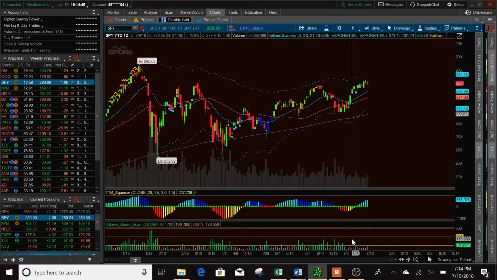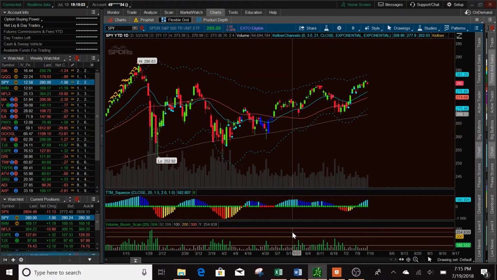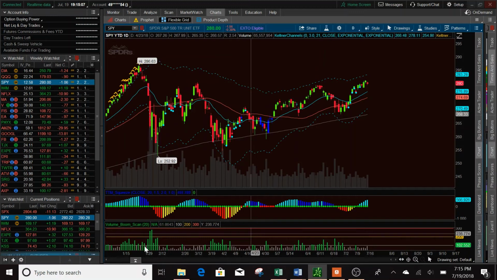This helps me see when we've got a really nice spike in volume, just a good visual. We've also got a 200 line and a 300 line to tell when these things are really moving.